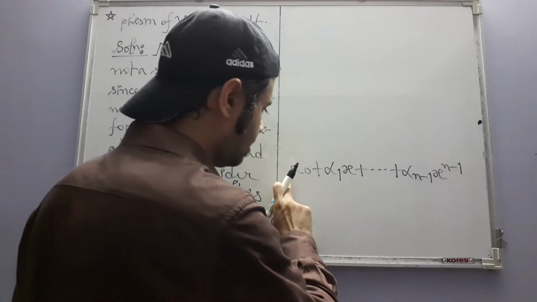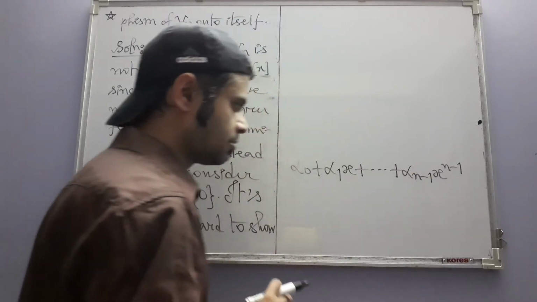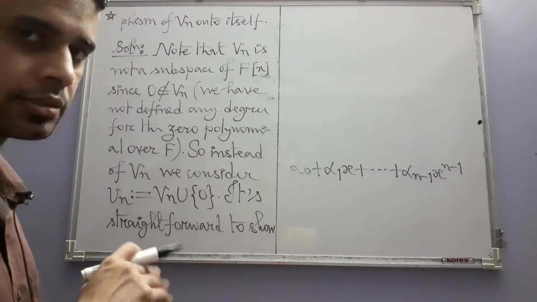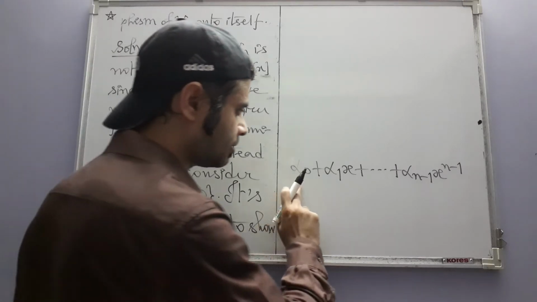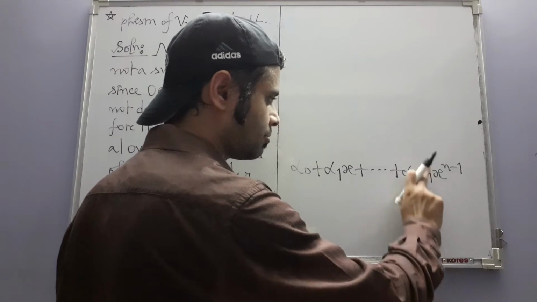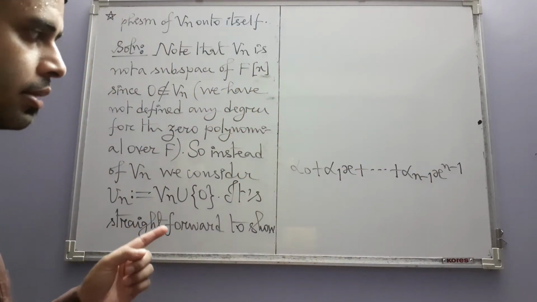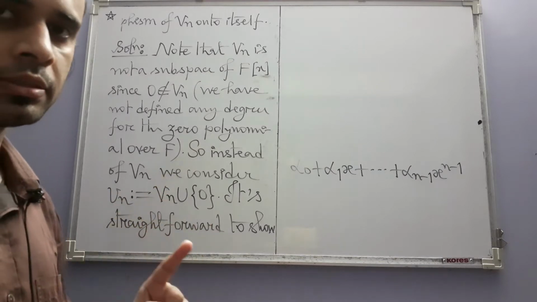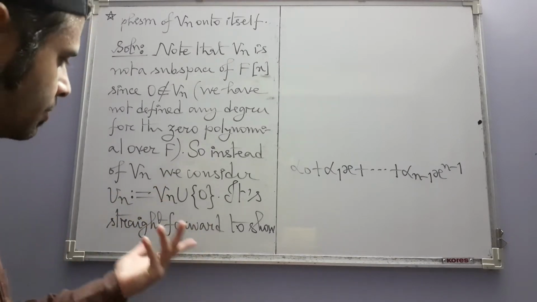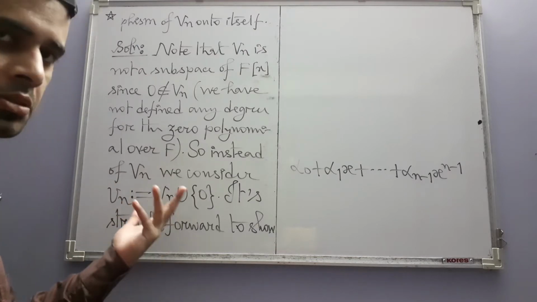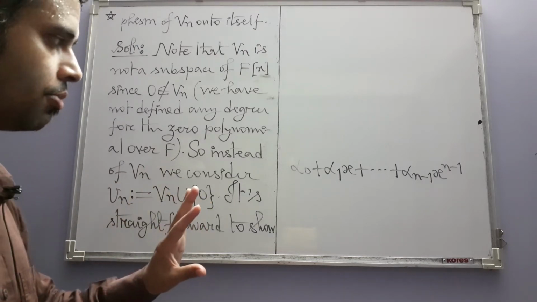If at least one of these alpha i's is non-zero, then the polynomial has a degree, that is, it's a non-zero polynomial, and that degree from the look of this polynomial is less than or equal to n minus 1. And in that single case where all the alpha i's are 0, it is the zero polynomial. So either the degrees are less than or equal to n minus 1, that means strictly less than n, or it is the zero polynomial.